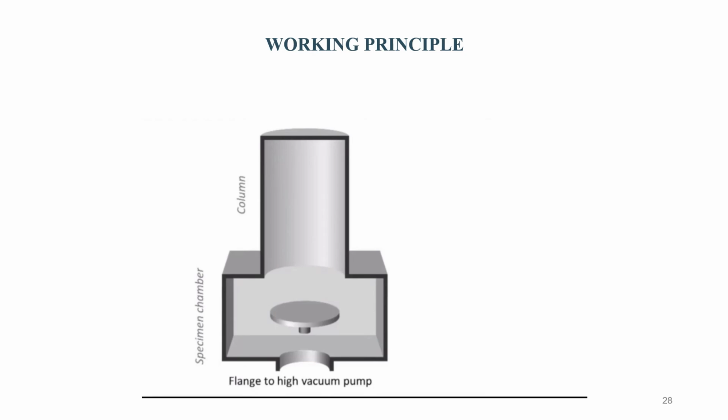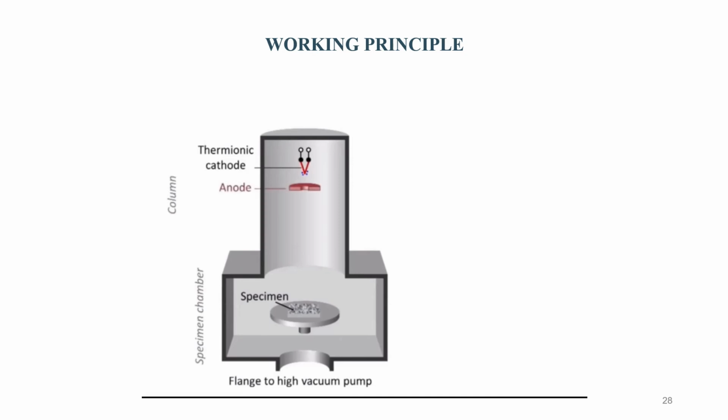At the upper side of the column, there is a V-shaped wire, which is mostly made of tungsten. You can see it in this video. This V-shaped wire is called a thermionic cathode. When high electric current is provided to this thermionic cathode, this cathode generates a series of electrons.